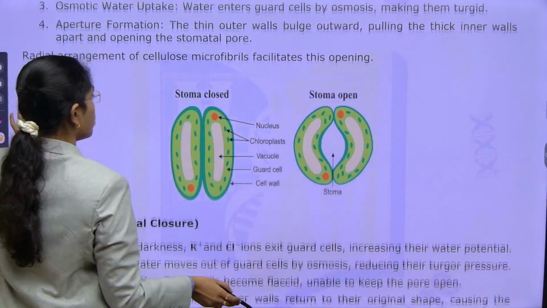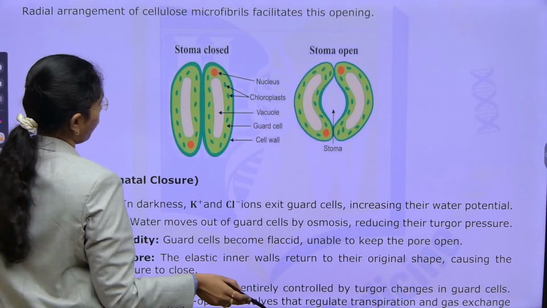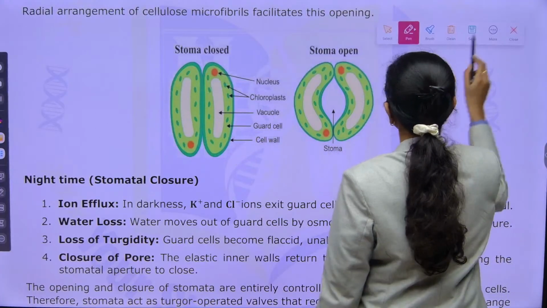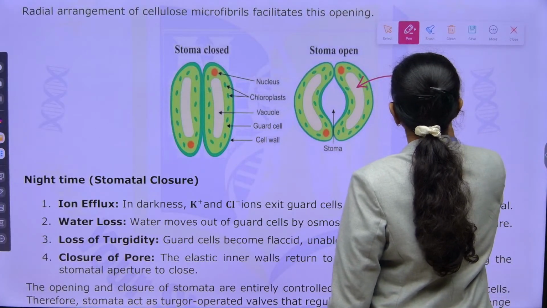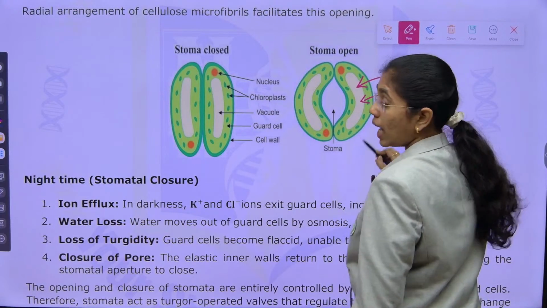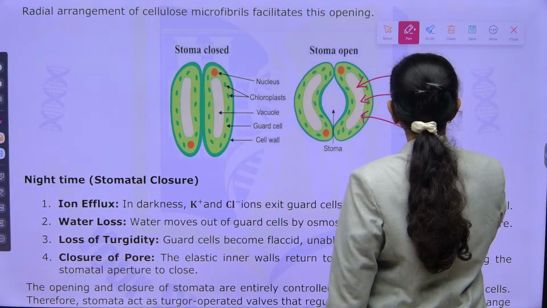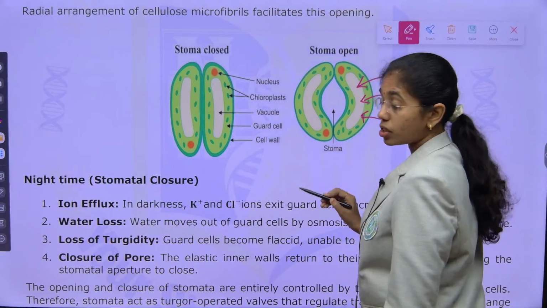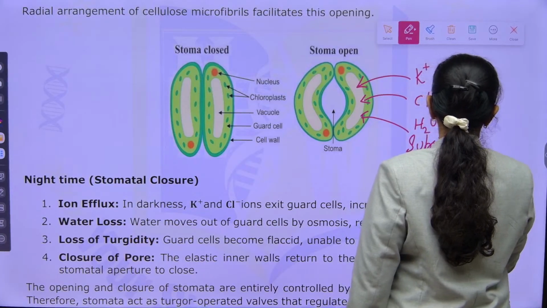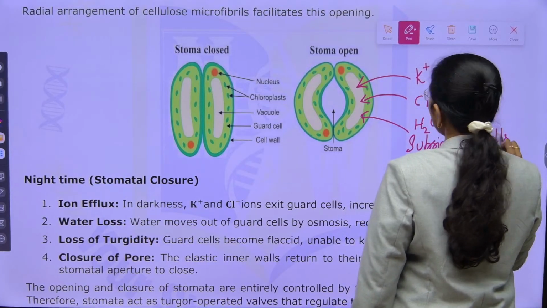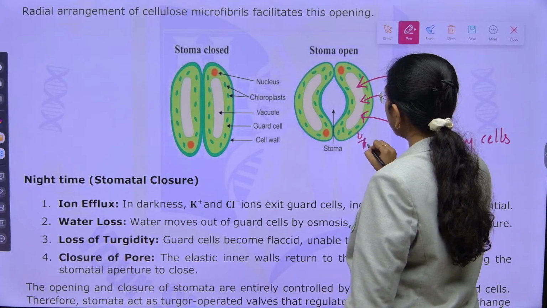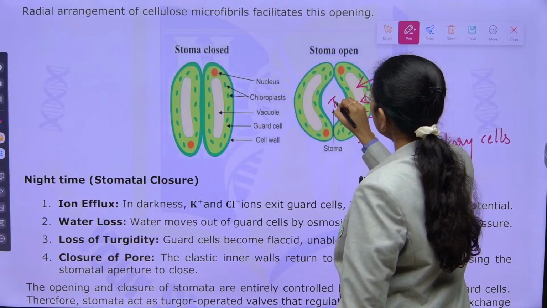So here, if you can see stomatal opening, what is happening? Intake of potassium ions, by passive movement of chloride ions as well, and then water movement into the guard cells from subsidiary cells is making the guard cells turgid, wherein outer walls will be thin and inner walls will be thick.